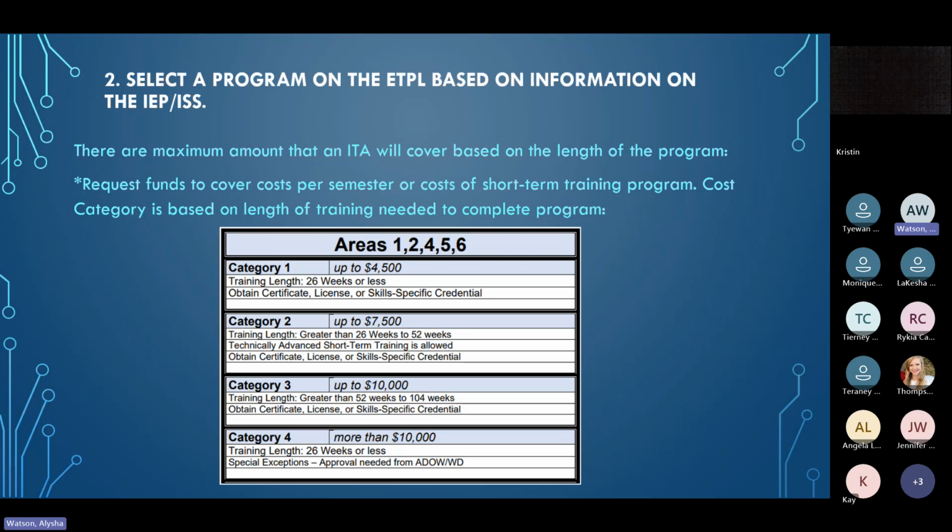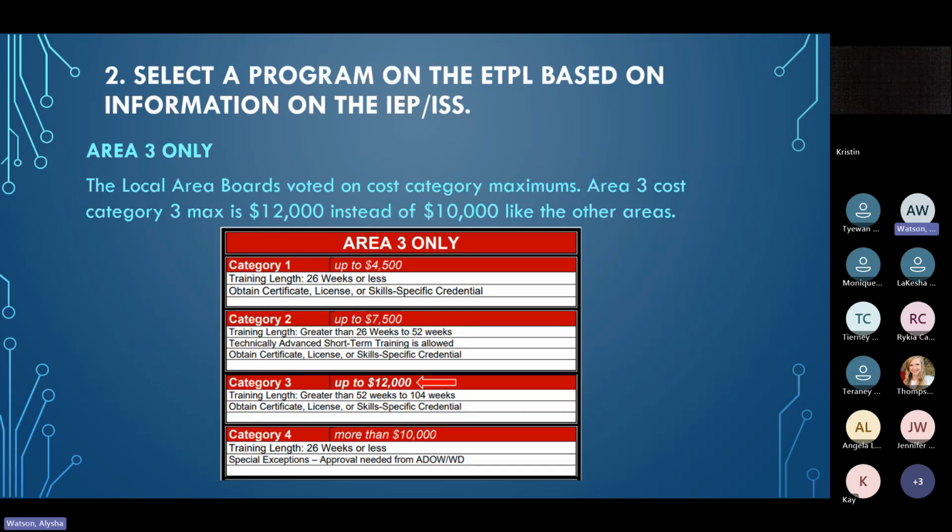Now, category 4 has to be approved very, very rarely do we get programs above that amount. But again, before it can be submitted, it has to be approved. This here is the information for area 3.